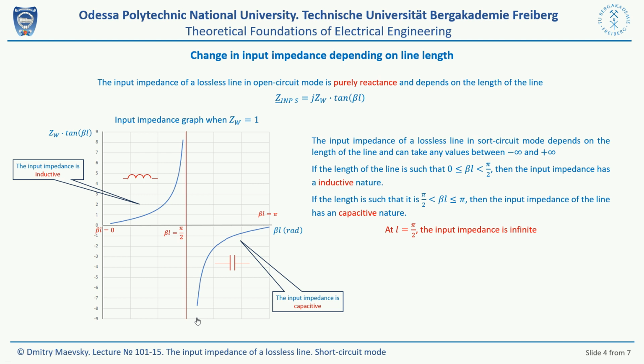However, as we discussed in the previous lecture, measuring the length of the line in radians is quite inconvenient. Therefore, in the previous lecture, we employed a different measure, namely the wavelength of electromagnetic energy in the line. The same graph using this new measure of length is presented on the next slide.